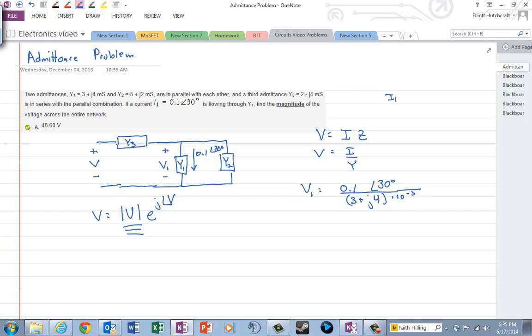It could be in milliamps, in which case I would need to add something, but I'm pretty confident that this is just in amps. Okay, so I've got amps, and I went ahead and put the 10 to the minus third for the Siemens, so this will come out in volts. And so if I run this through my calculator, let's see what I get.